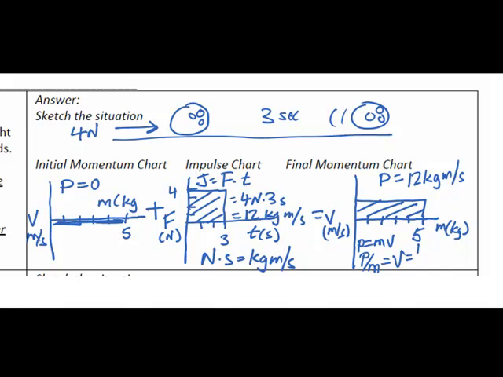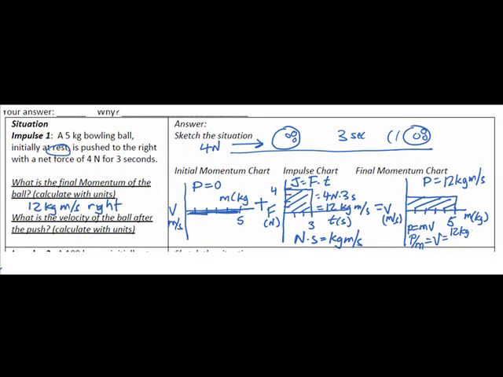Our momentum is 12 kilogram meters per second divided by 5 kilograms equals 2.4 meters per second. So we've answered the second part. What's the velocity? 2.4 meters per second to the right. So we know that we're at 2.4 here.